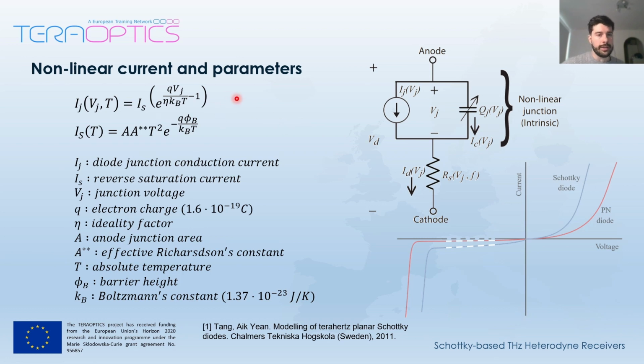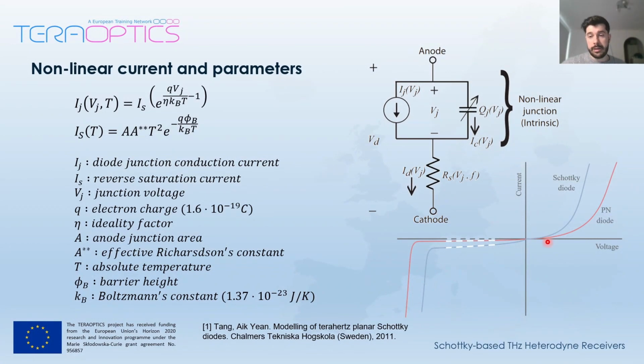We can quickly identify the applied voltage or the barrier height that we described before. But what I want to highlight here is that because of that exponential form, that nonlinear behavior, we can do frequency mixing of signals. And therefore, we can exploit that to build a Heterodyne receiver. That is what we are focused on in this chapter.